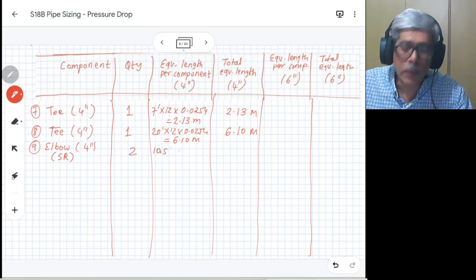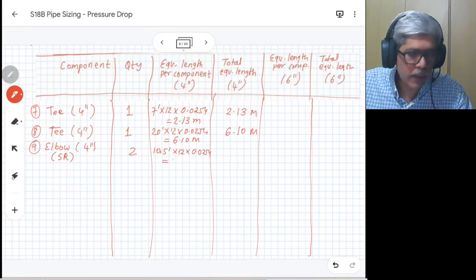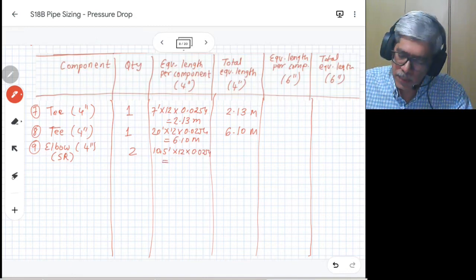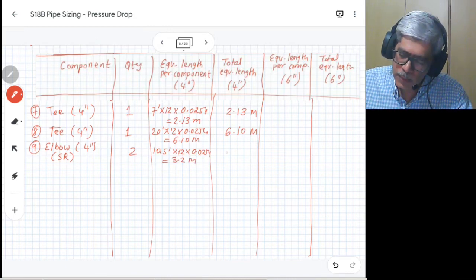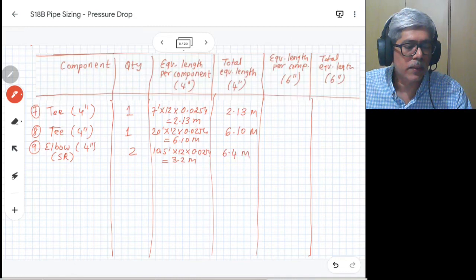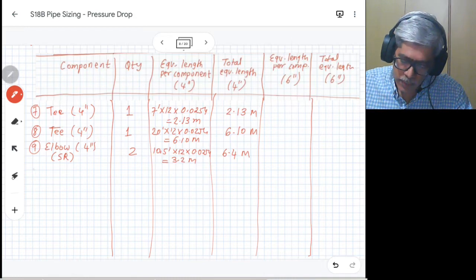Per elbow it is 10.5 feet into 12 into 0.0254. So that gives us 3.2 meters. So total for two elbows will be 6.44 meters. So that is the length corresponding to the elbows.